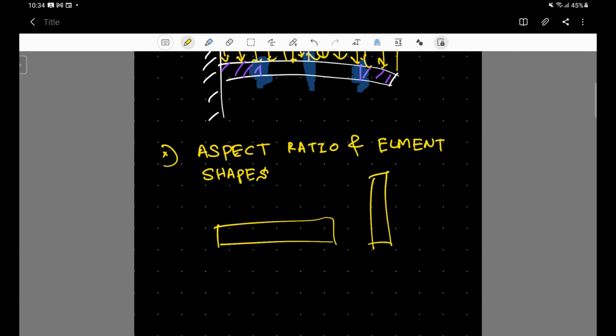For example, if you're tackling a complex geometry, and if you see the variation of certain strain or stress within a certain boundary is constant, or there is no variation of stress within a certain region, then at such regions you can use elements having large aspect ratios.